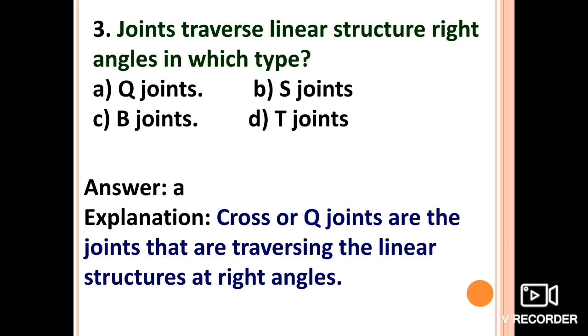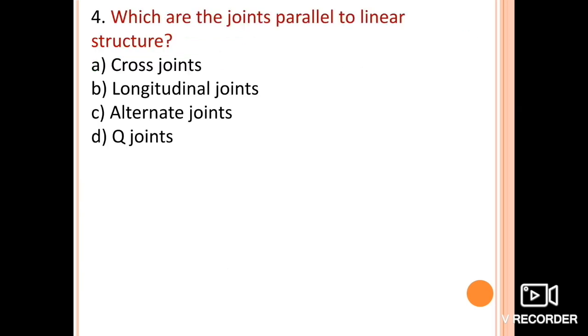They are the joints that traverse the linear structures essentially at right angles. That is the condition for cross joints, so option A is the right answer.